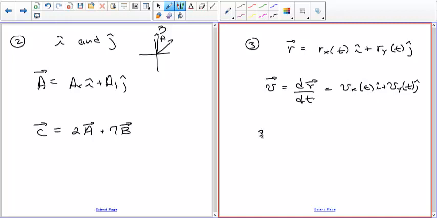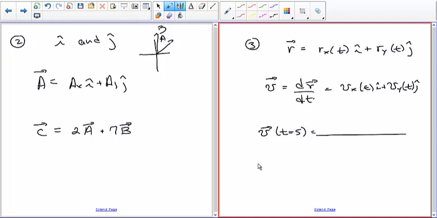And then I might ask you to evaluate this velocity at a particular time.